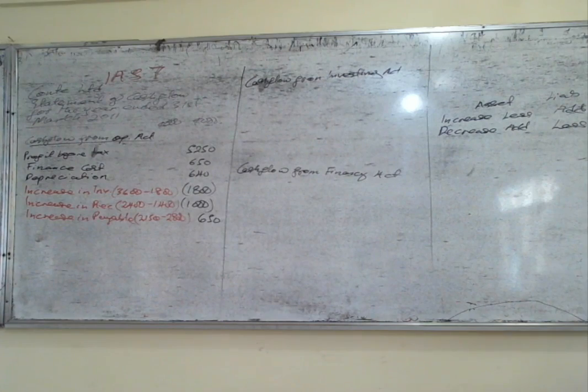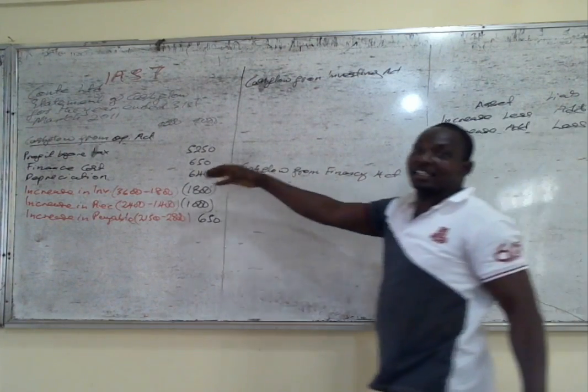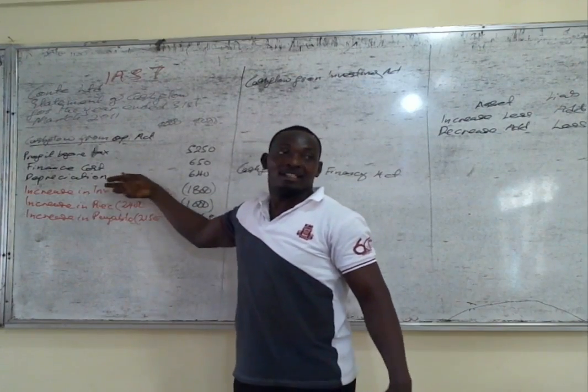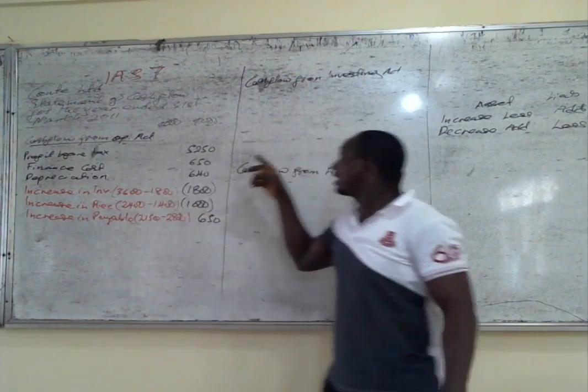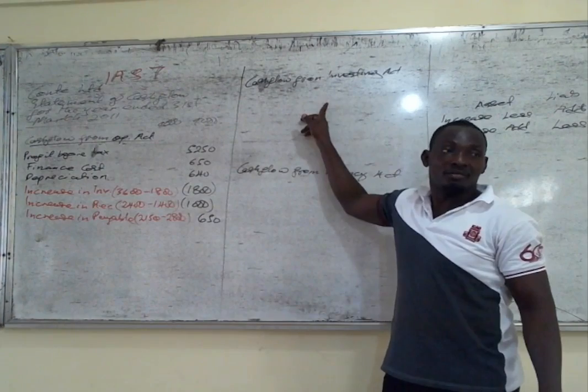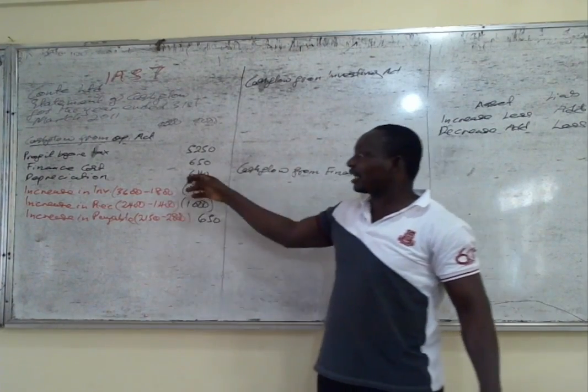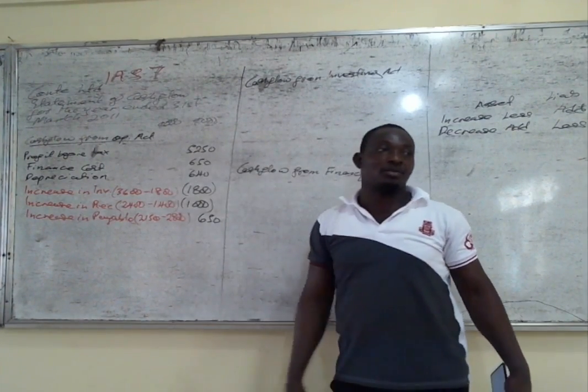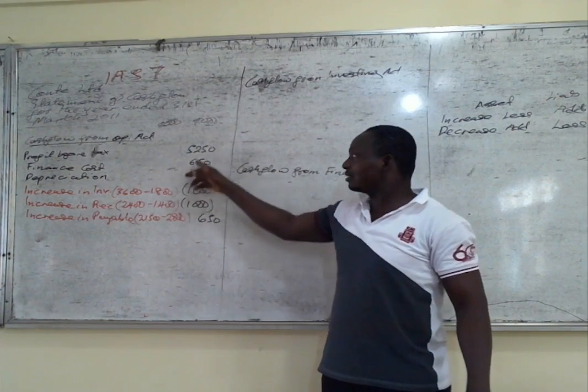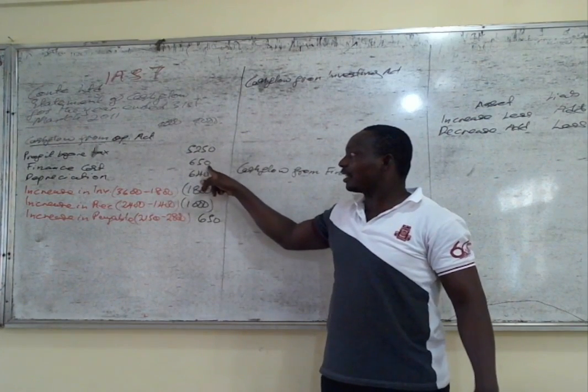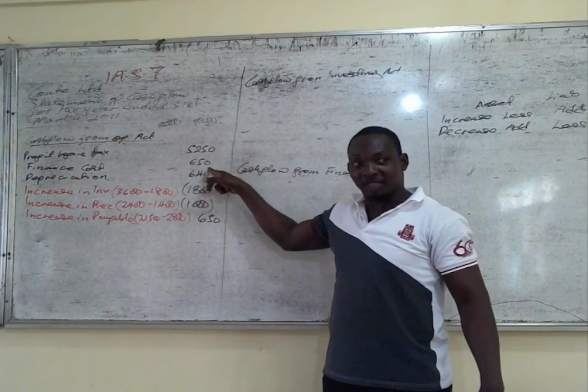The other income will be in the income statement. But we said that when we are adjusting, the other income is supposed to be under the investing activity. So if it has been added, you take it out. So as I started with this, then the finance cost, the other income would have been here.